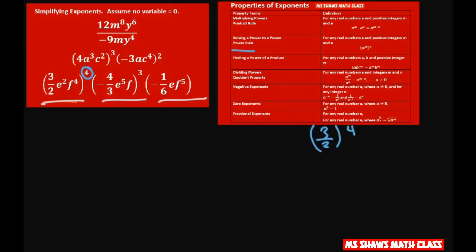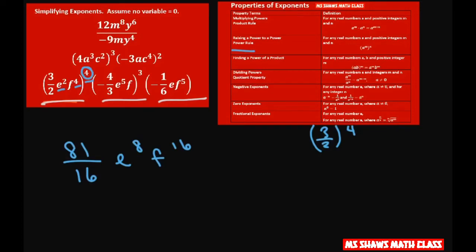That means you do both. 3 to the 4th is 81. 2 to the 4th is 16. Then you do your power rule for your exponents. That's going to be e, and you multiply 2 times 4 is 8. F, 4 times 4 is 16.